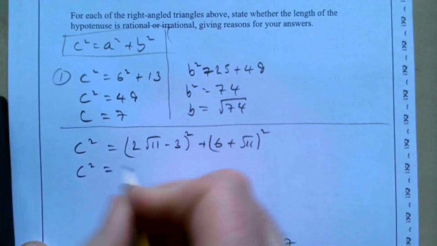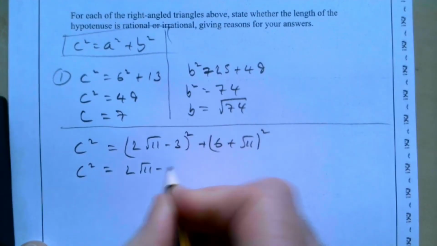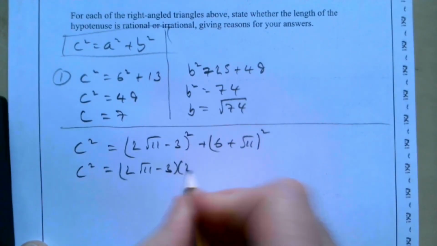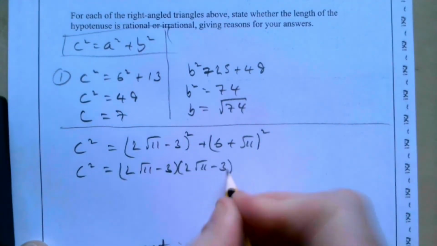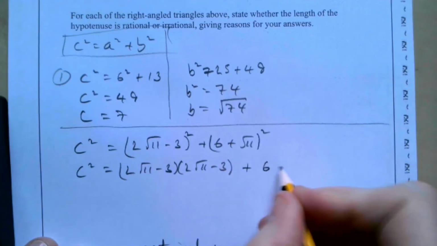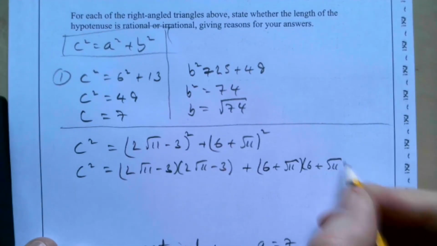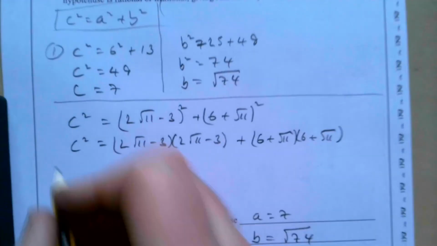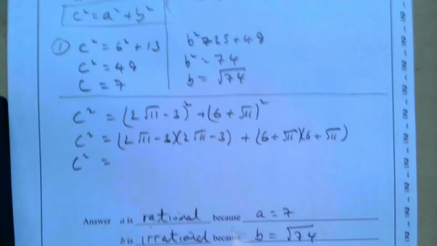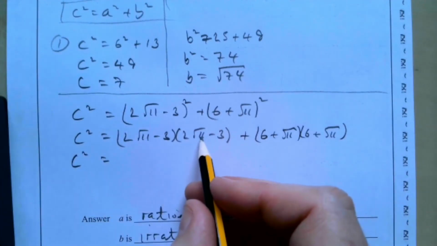So c squared is 2 root 11 minus 3 times 2 root 11 minus 3 plus 6 plus root 11 times 6 plus root 11.